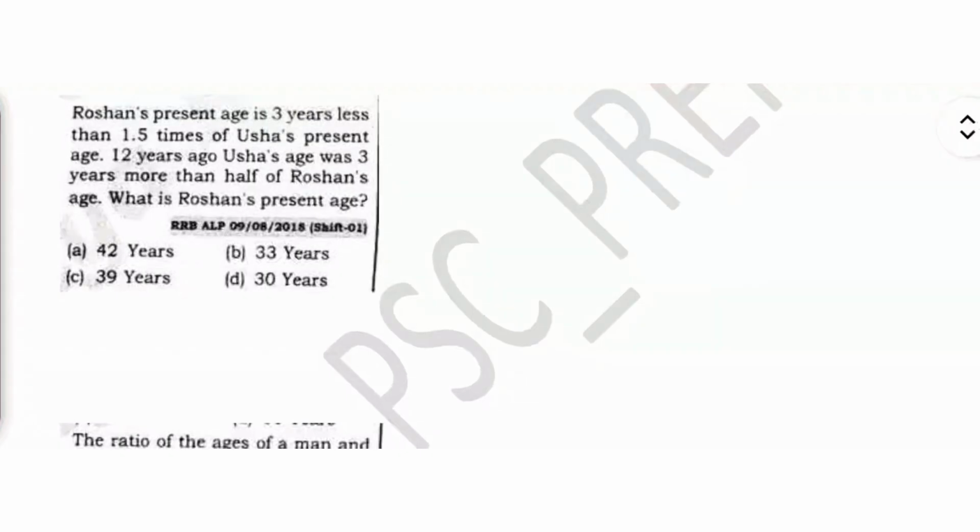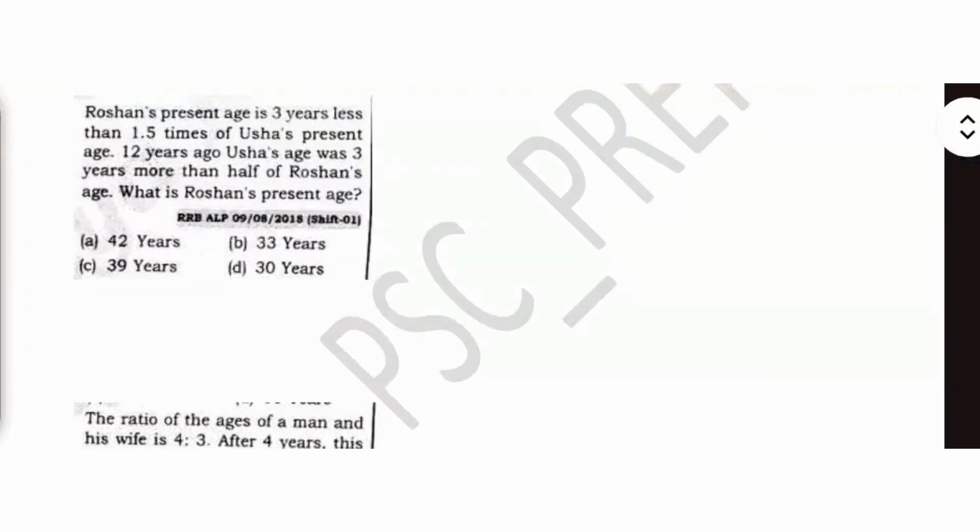Roshan's present age is 3 years less than 1.5 times Usha's present age. Guys, let Roshan be x and Usha be y. So Roshan's present age is 3 years less than 1.5 times Usha's present age.